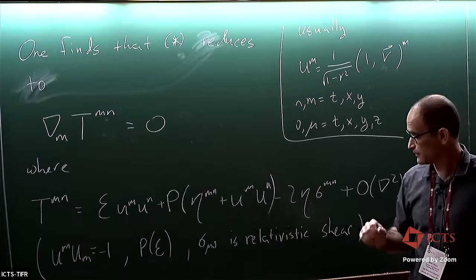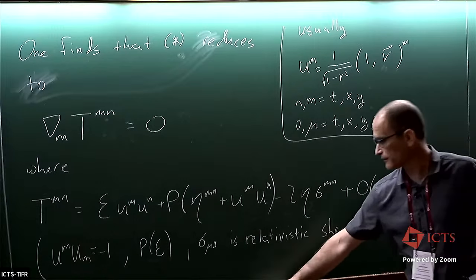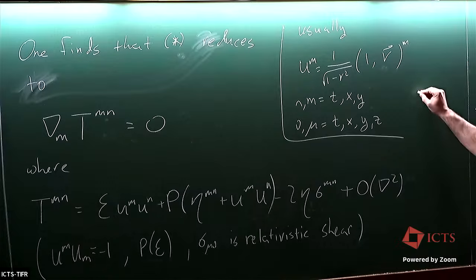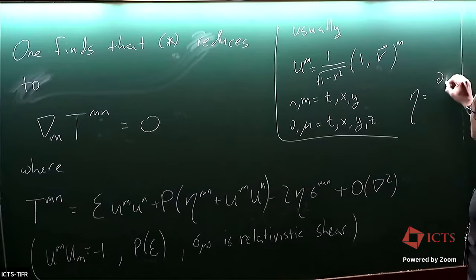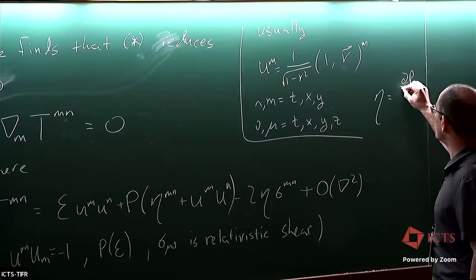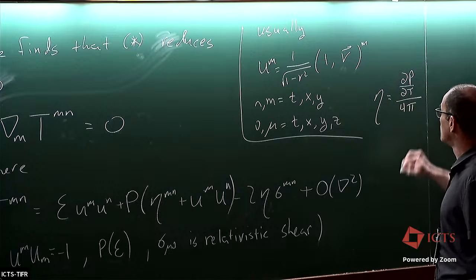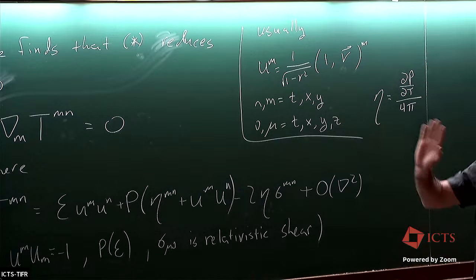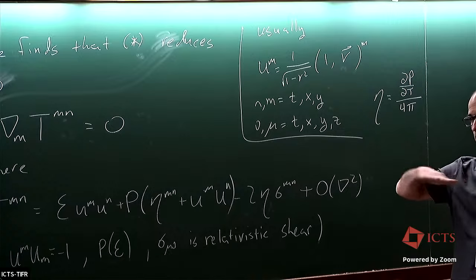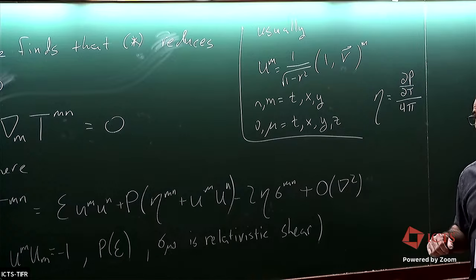In this case, eta would be 1 over 4 pi. I'm expanding around the black hole that's stationary. The black hole is an entire configuration.